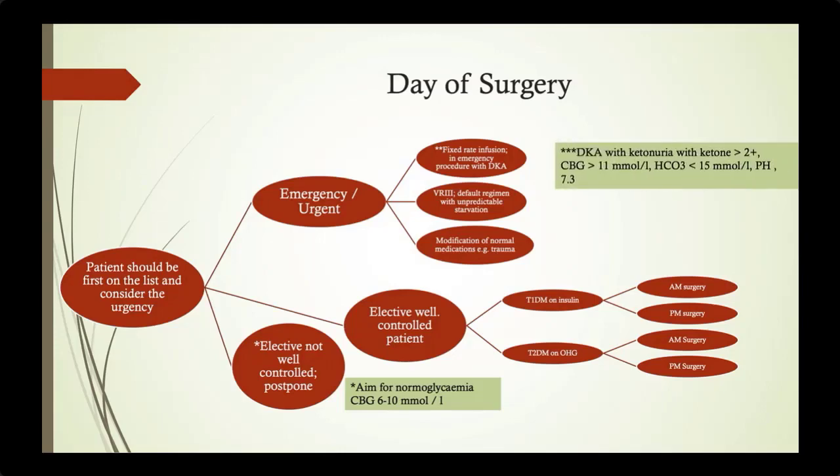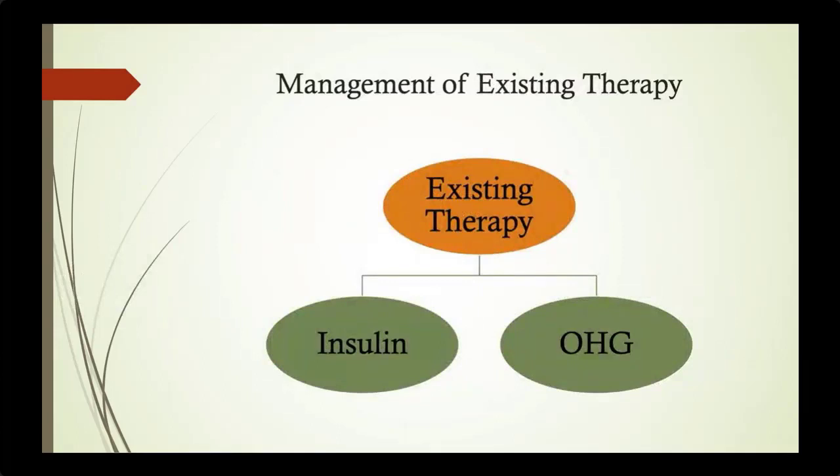And also, this is the definition of DKA: ketones more than 2, capillary blood sugar more than 11, it could be higher than that, usually much higher, bicarb less than 15 and pH less than 7.3. So these are what we should be doing on the day of surgery for different scenarios.